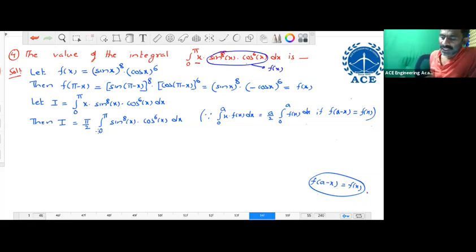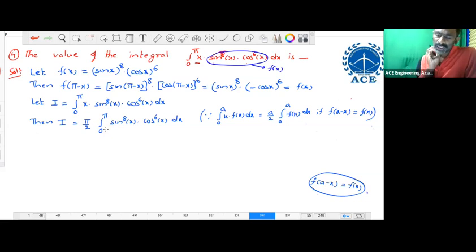Now, inside the integral, it is just a product of two functions, sine and cos. The powers are 8, 6. Only the integral of sine x is known, only the integral of cos x is known. If we have the integral of sine x into cos x also, we can evaluate. But if we have an integral of sine power something, cos power something like this, then we try to evaluate this by using one of the standard integrals, property number 9.